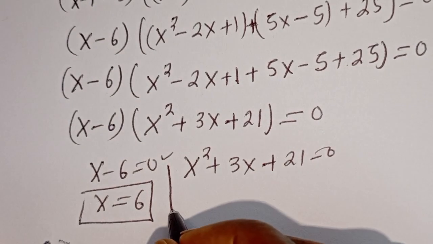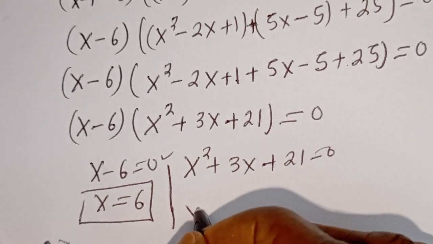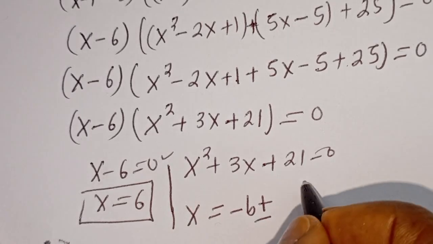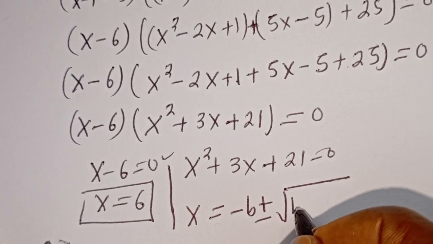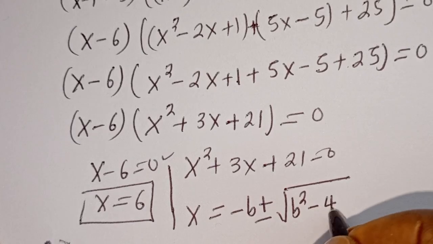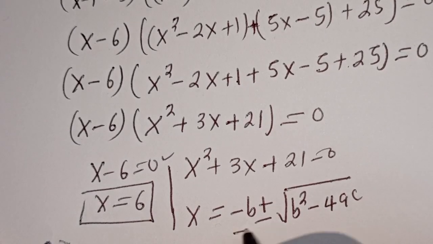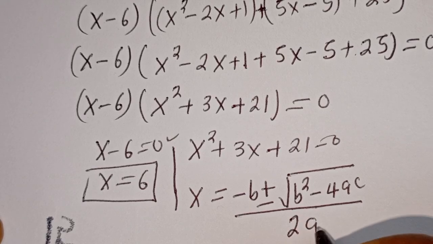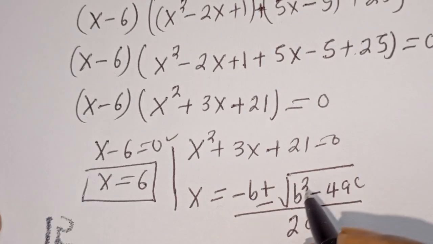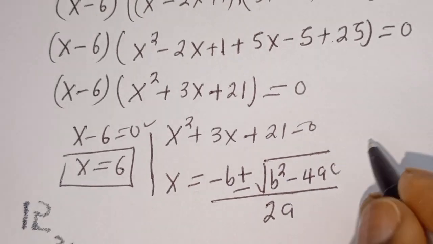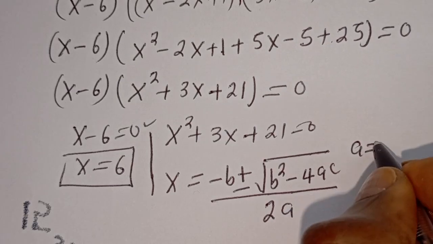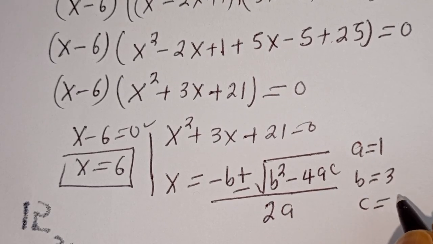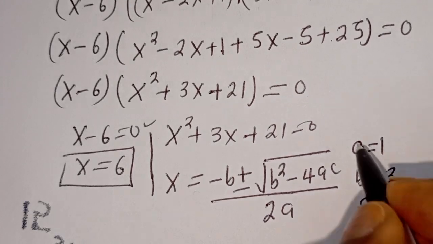Then from here, we can use the quadratic general formula. x is equal to minus b plus or minus square root of b square minus 4ac divided by 2a. And from this equation, a is equal to 1, b equal to 3, c equal to 21.